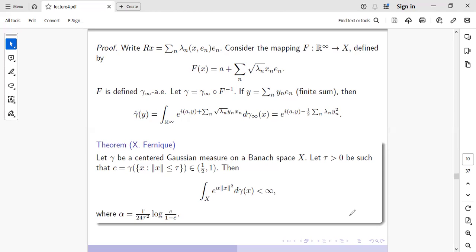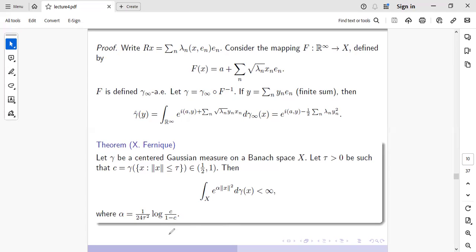To find this alpha for which the integral will be finite, let's do the following. So fix tau, this will be the radius of a ball whose measure is bigger than 1/2.